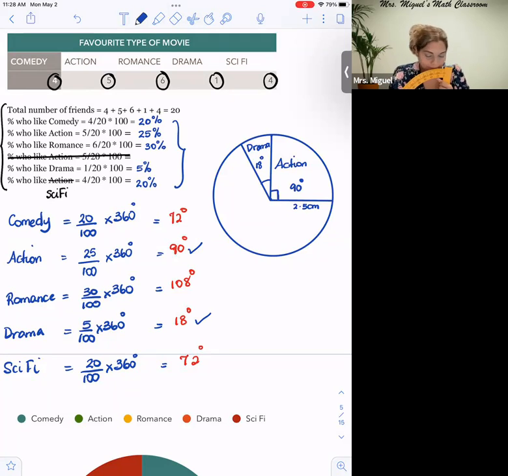So now this becomes my baseline. I'm going to measure 108, that's romance. So you know 108 is more than 90, so it is relatively about here. So this is what we call an obtuse angle, right? So 108, I will say this is roughly 108.